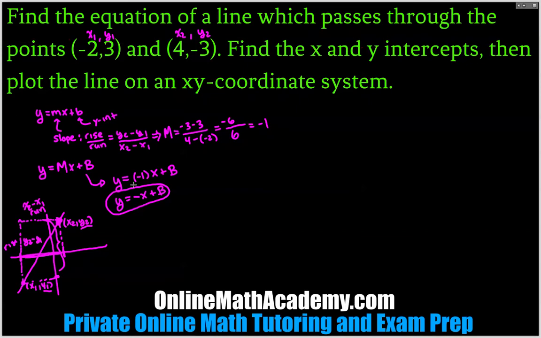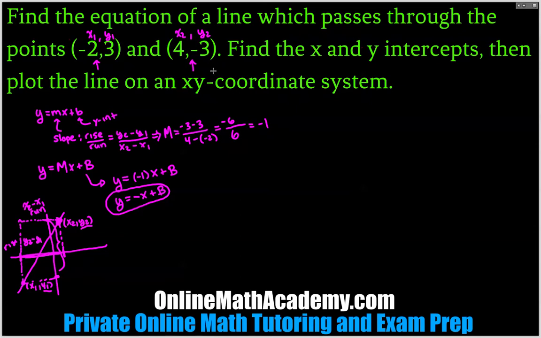Well, it's important to recognize that each of these points, like I said before, if they're on the line, then those x and y points satisfy the equation that we're trying to write up.